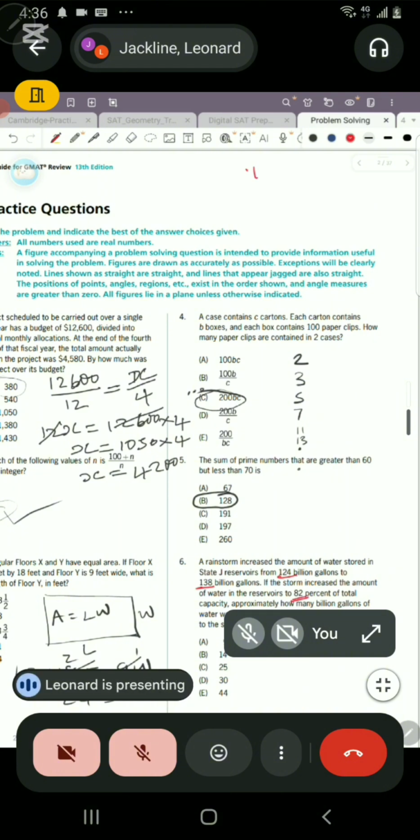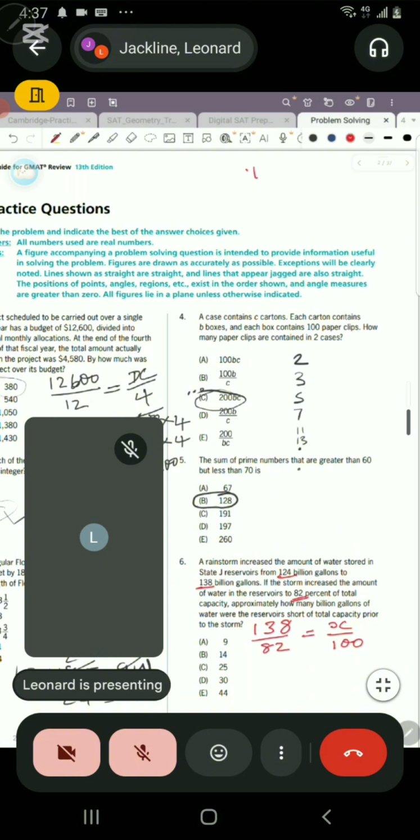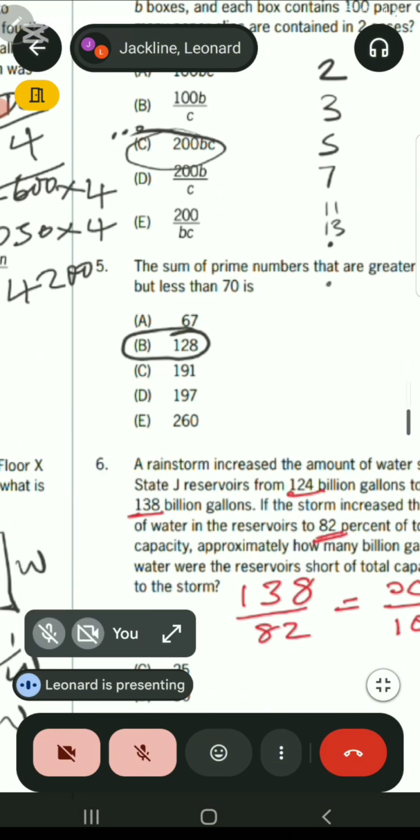Then we can say that 138 corresponds to 82%, equals S corresponds to the full capacity, 100%.